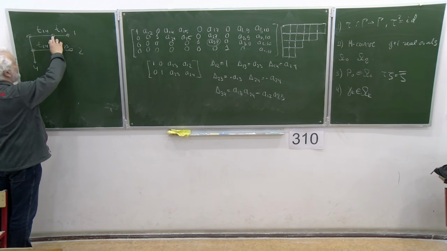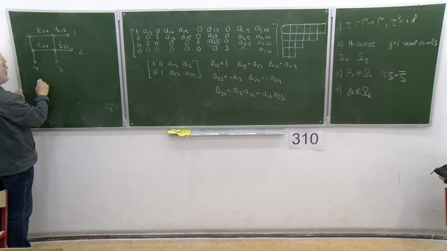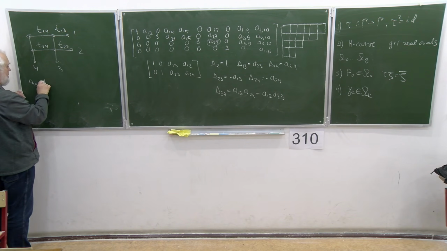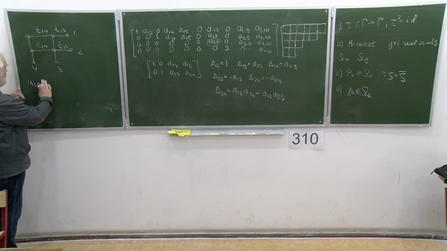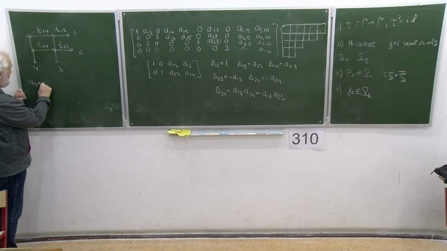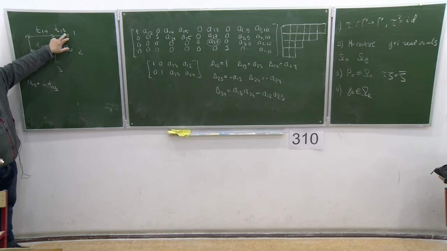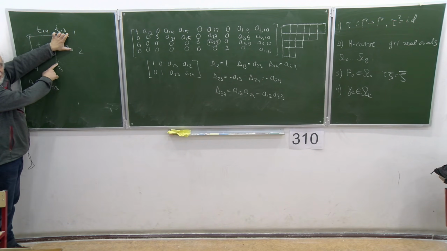A1,3. T1,3. Minus, sorry. Minus A minus T1,3. Because you have between A3 and one source two. So the sign is minus.